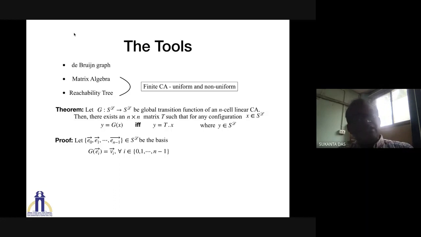Just now I said that ei is a basis vector, but it is again a configuration, because my configuration space is a vector space and each vector is a configuration. So I applied g over that ei, and suppose that is vi.